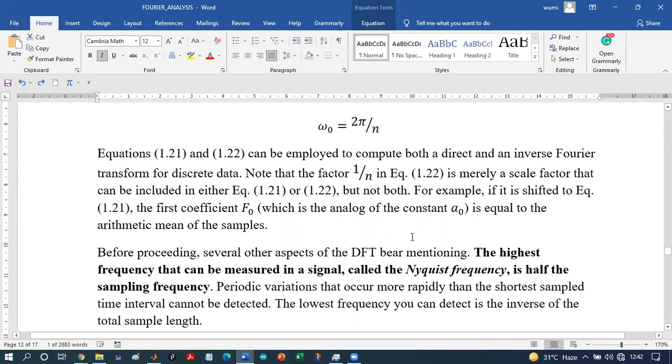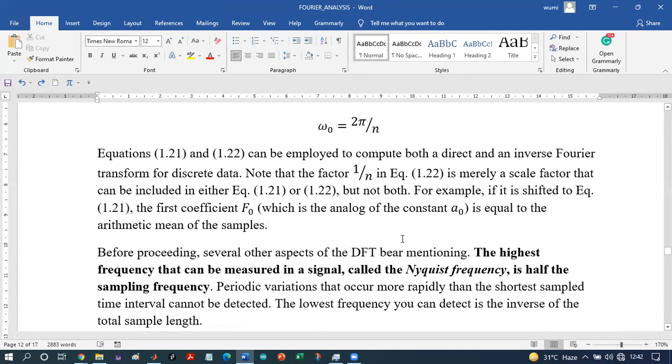So we are going to talk about some fundamental terms. Before we actually start to do an example of DFT, we'll talk about the Nyquist frequency. I'm sure you would have heard of it, or you have done something about the Nyquist frequency. The Nyquist frequency is the highest frequency that can be measured in a signal.